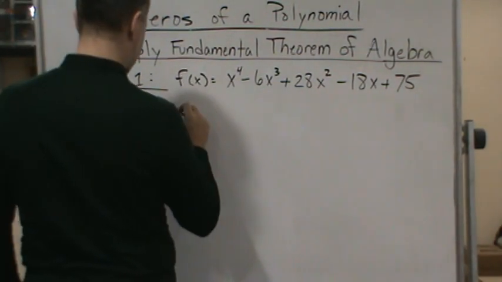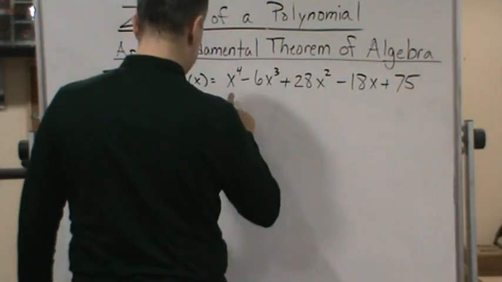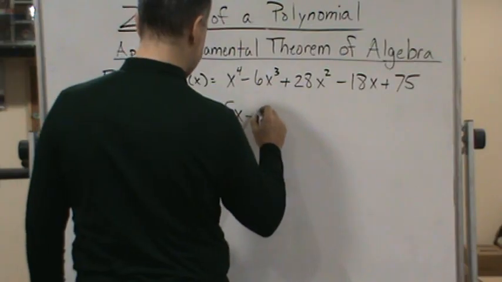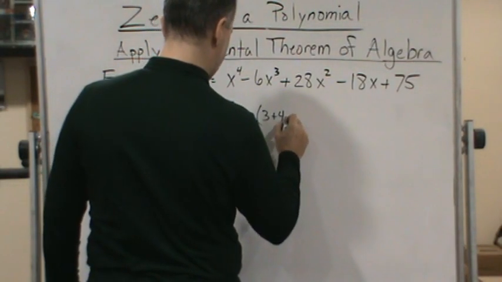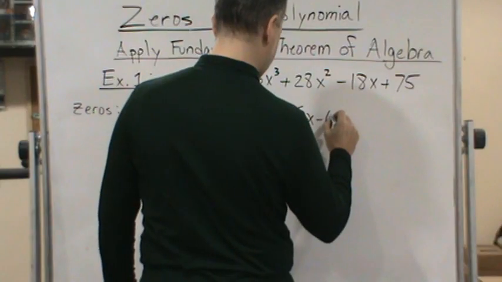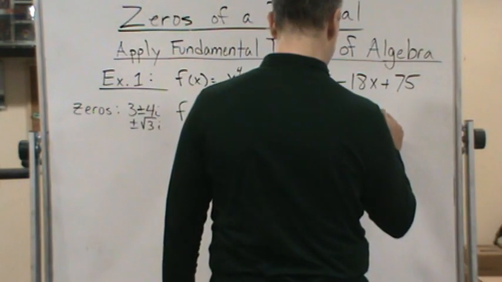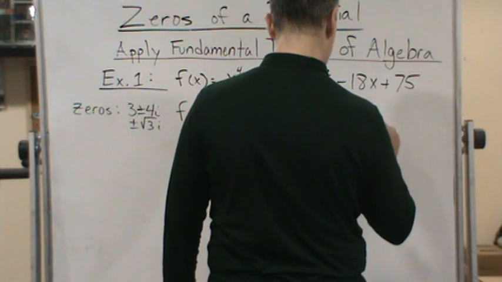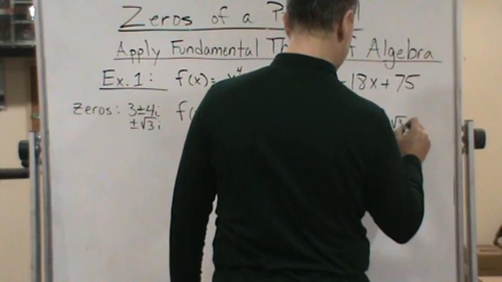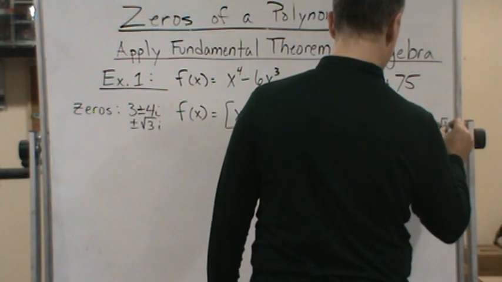And so we can write f of x equal to x minus 3 plus 4i, times x minus 3 minus 4i, and then x minus square root of 3 times i, and then times x plus square root of 3 times i.